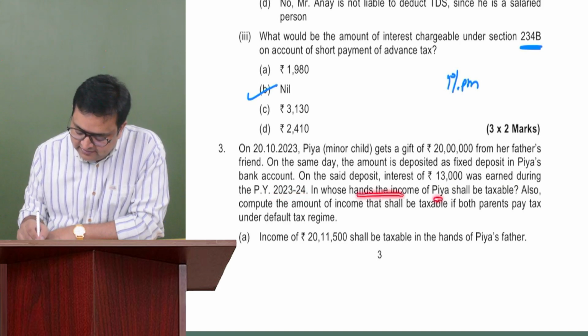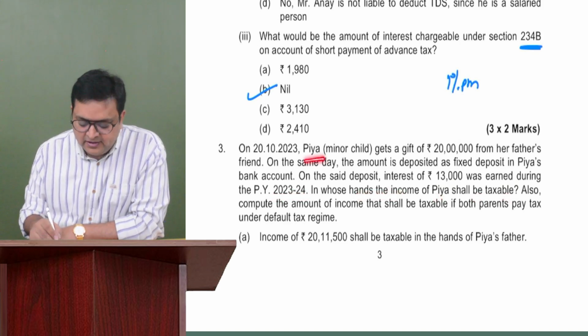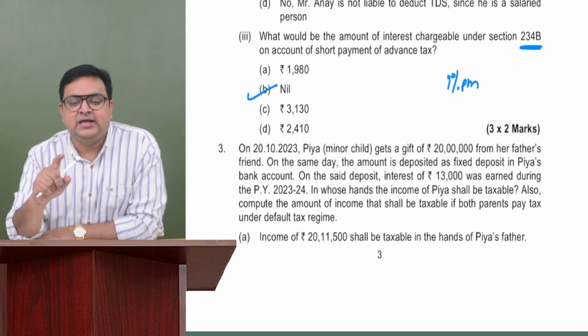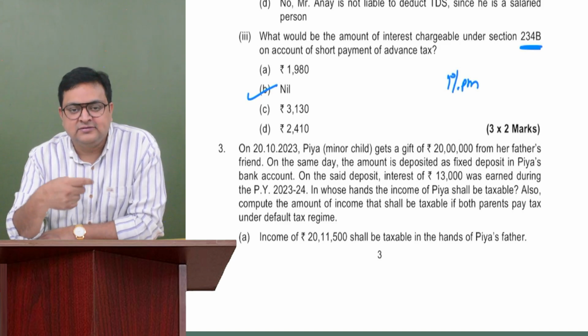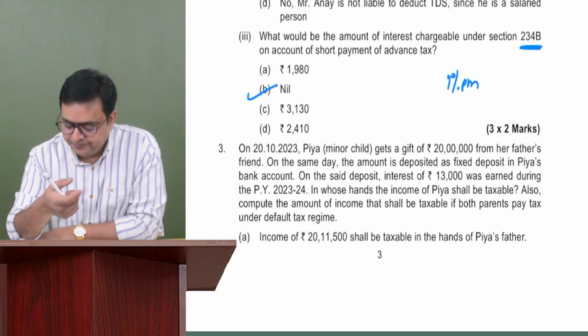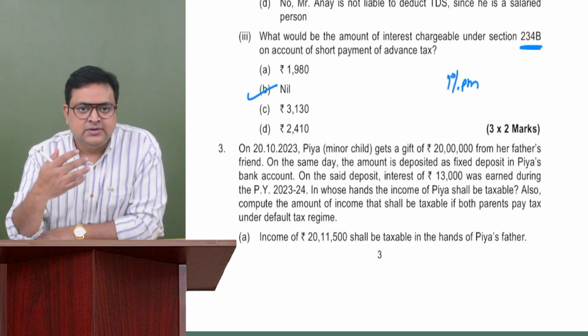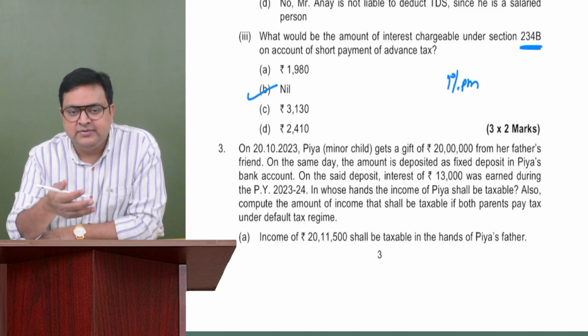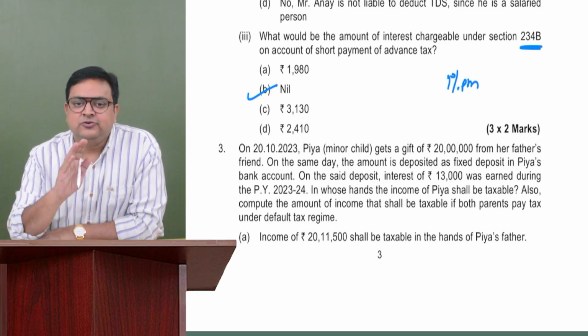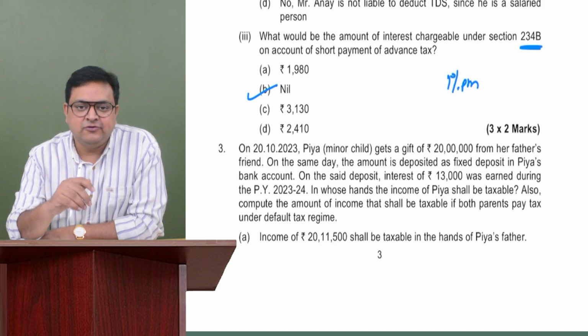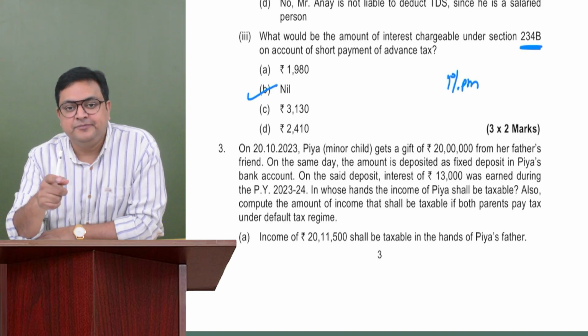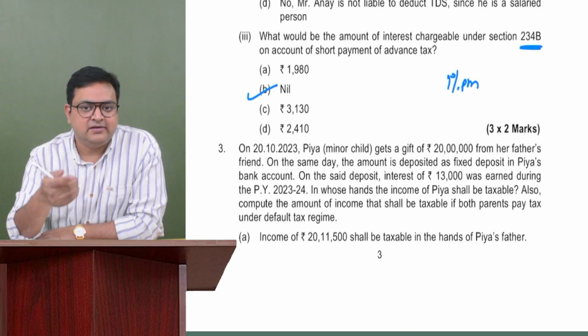In whose hands shall the income of Priya be taxable? Now, if Priya is not earning any income because of her talent, knowledge, skill or manual labor, and nothing is mentioned about the child being handicapped, then the income would be clubbed in the hands of the parent whose income before such clubbing is higher, right?